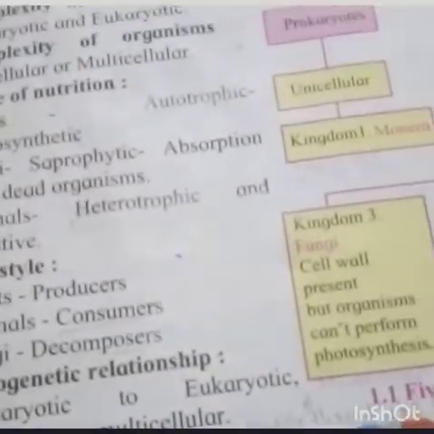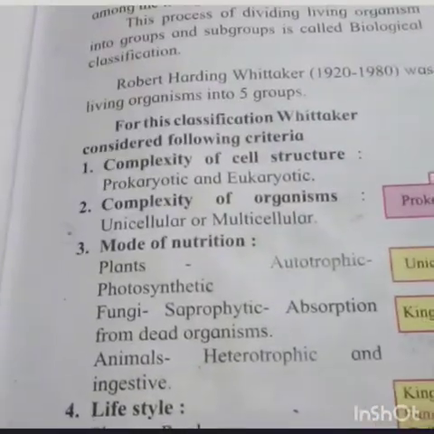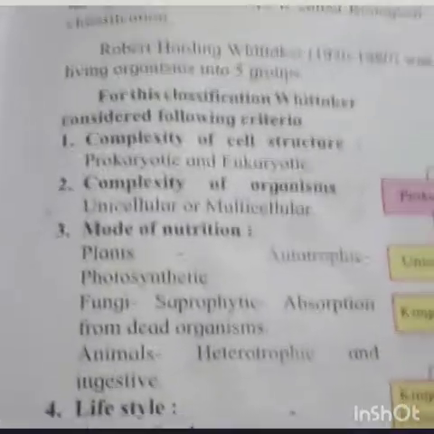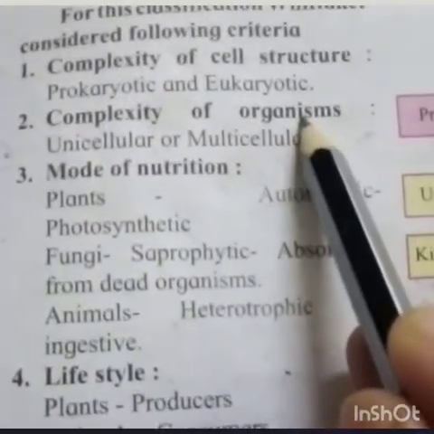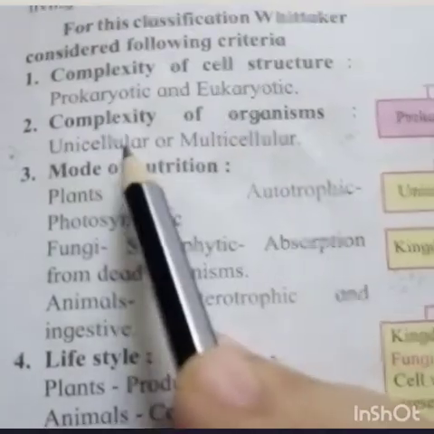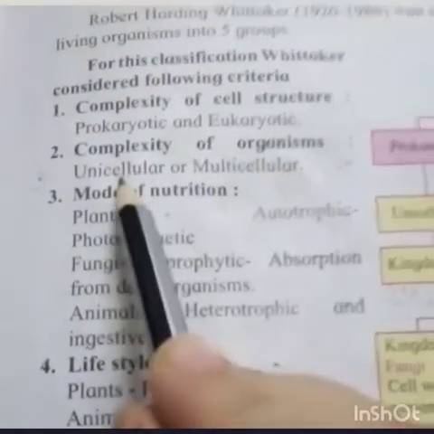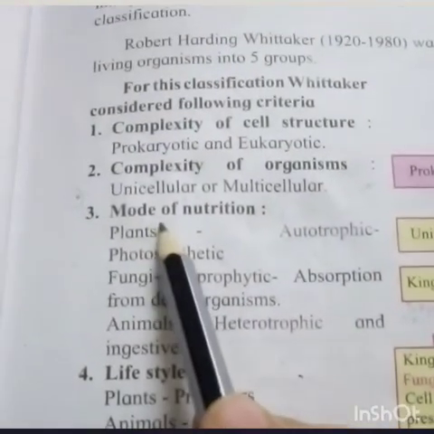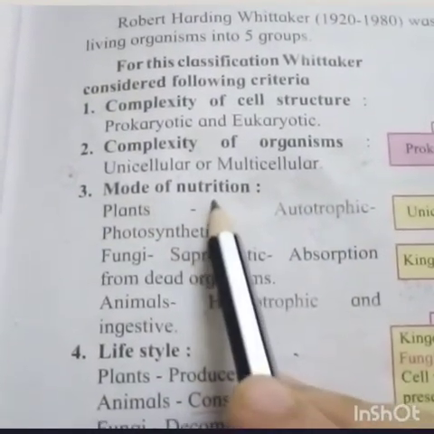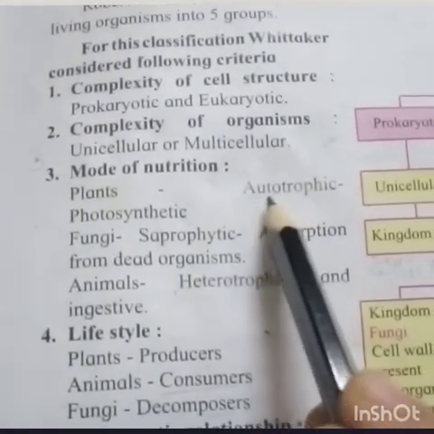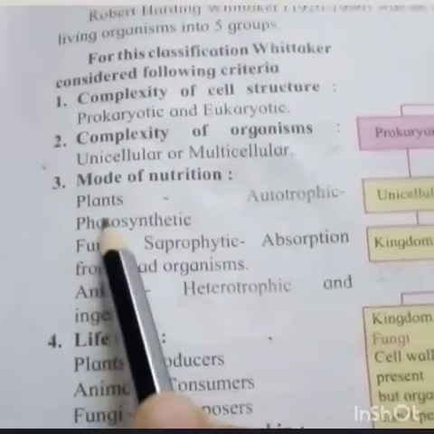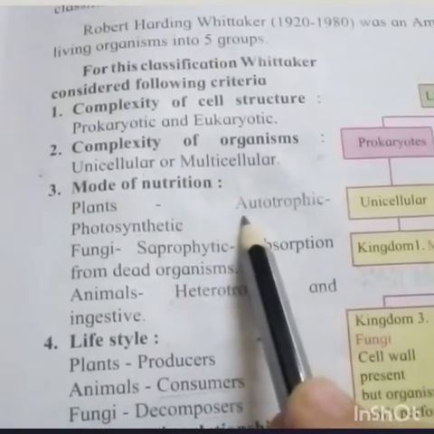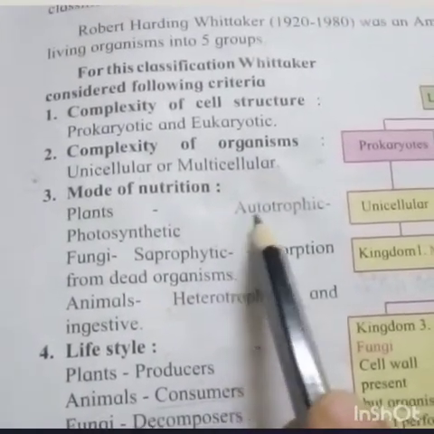Now we will see the next point, that is complexity of organism. In complexity of organism, unicellular or multicellular. Unicellular one cell, multicellular many cells. Mode of nutrition, that means how they get their nutrition. Plants are autotrophic, photosynthesis. They do not depend on another organism.